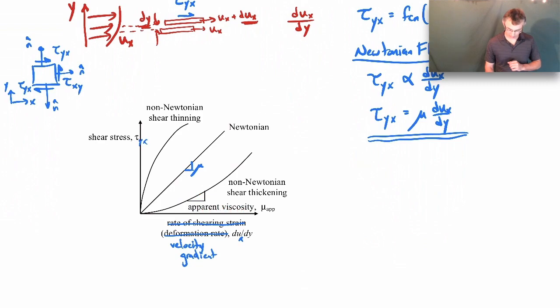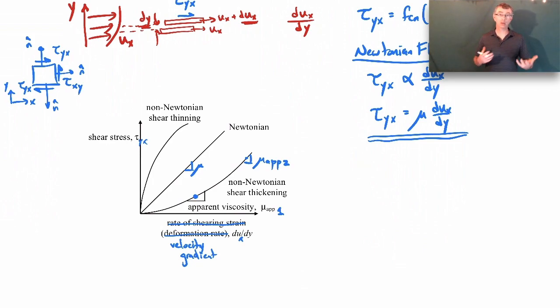It's like the viscosity just at this local point. You'll see that the apparent viscosity gets larger. So the apparent viscosity at 2 is larger than the apparent viscosity at 1 down at this point here. As you increase the velocity gradient, the fluid becomes more viscous.